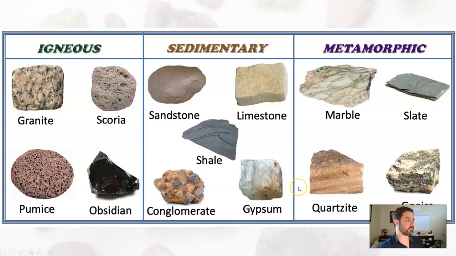All right. Again, later in this unit, we will break down each type of rock, with a different section for each. Igneous rocks like granite, scoria, pumice, and obsidian. Maybe you've heard of some of those. Sedimentary rocks like sandstone, limestone, shale, gypsum, and conglomerates. Or metamorphic rocks like marble, slate, quartzite, and gneiss.